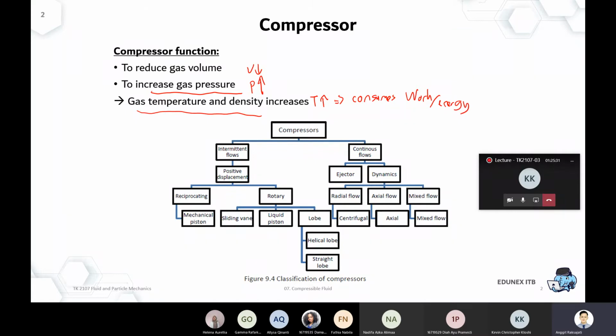In terms of the types, it's very similar to a pump. You have the centrifugal family, and you have the axial family, and then you have the PD family, the positive displacement family.